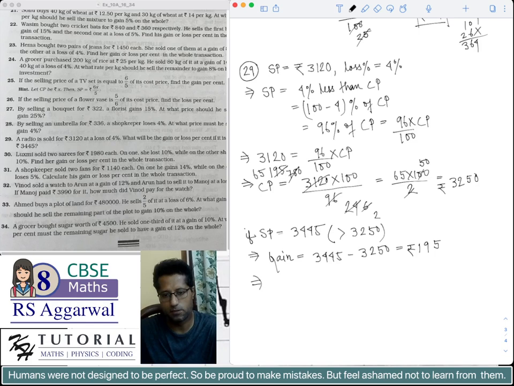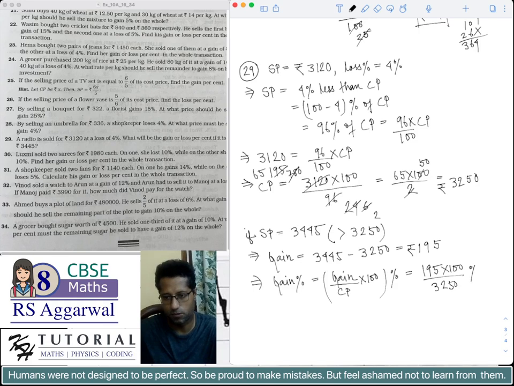So gain percent is equal to gain by cost price multiplied by 100. This is equal to gain is 195 multiplied by 100, cost price is 3250.